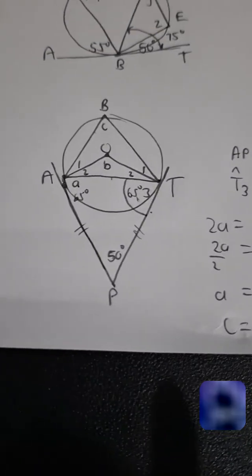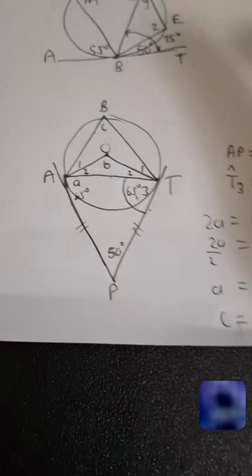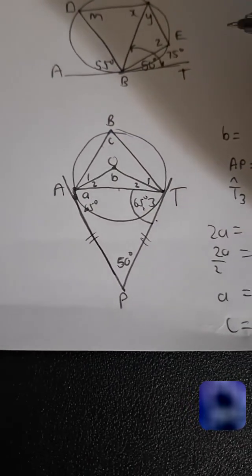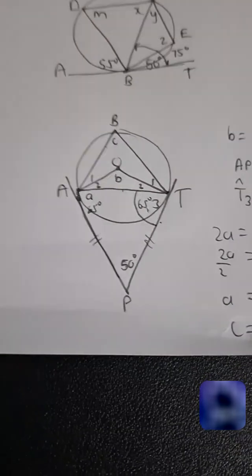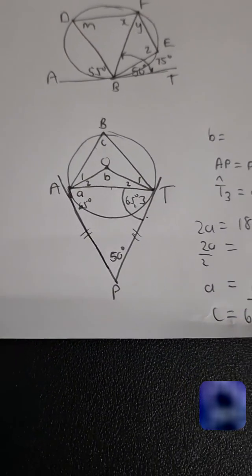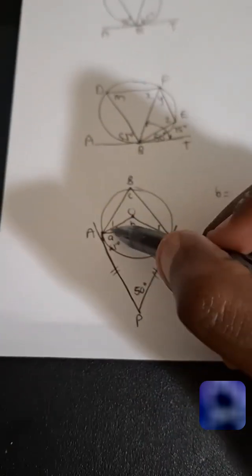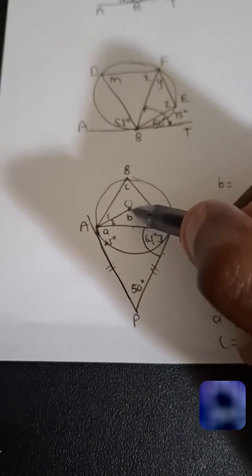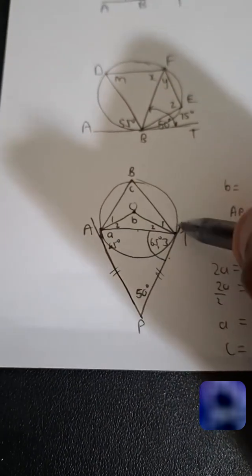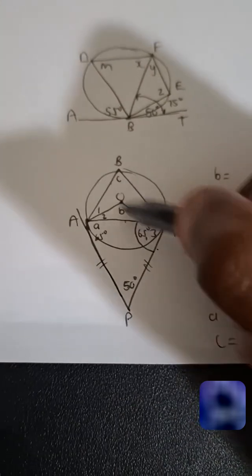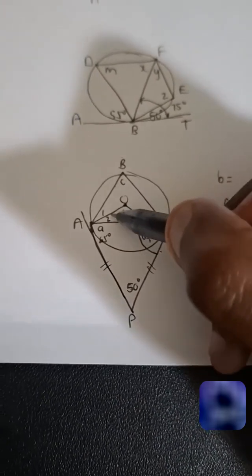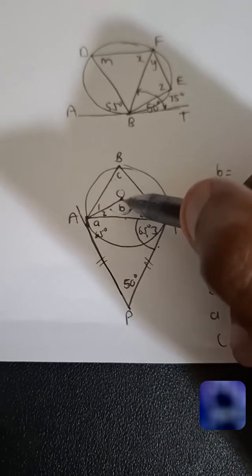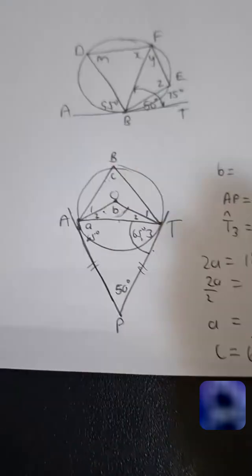Then we want B after that. We can see that B is the center and C is the angle at the circumference. So the angle at the center is 2 times the angle at the circumference. Awesome. This is the arrowhead diagram: the center is here, the arc subtends an angle at the center, and the same arc subtends an angle at the circumference.